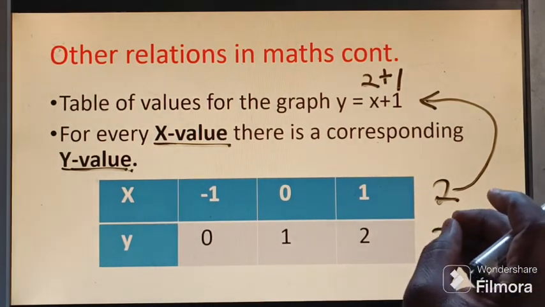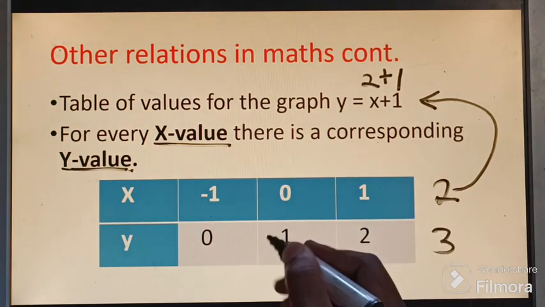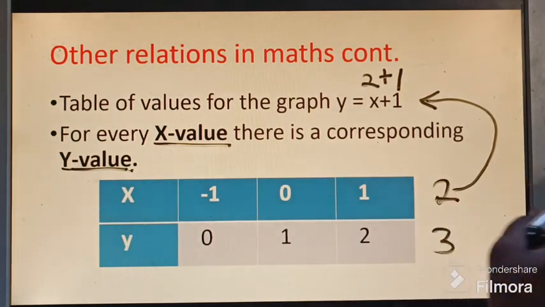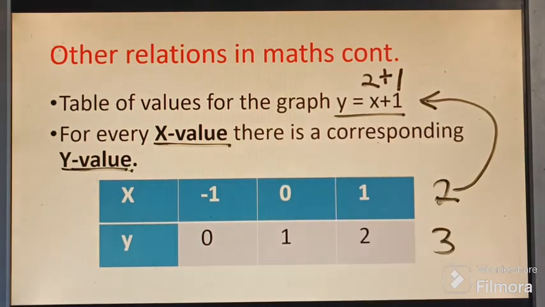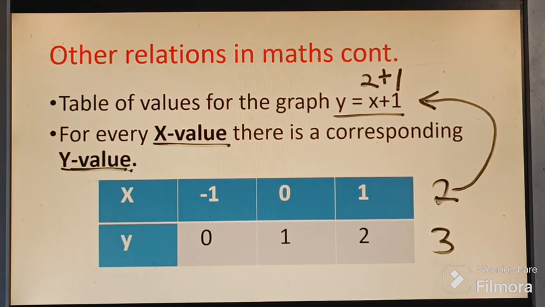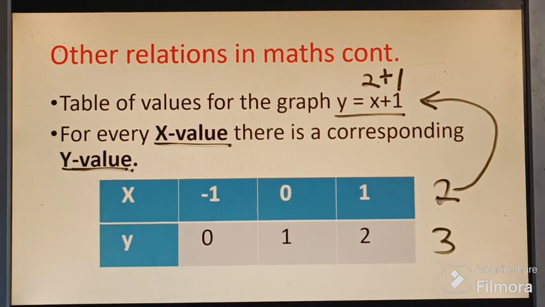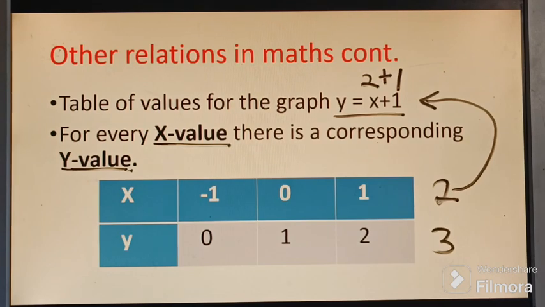So whatever the x coordinate is, there is a corresponding y value if we use this equation. So when you see the topic mapping and functions, we have been learning it in different topics. It has been covered in number sequences, sets, and now in linear graphs and linear equations.